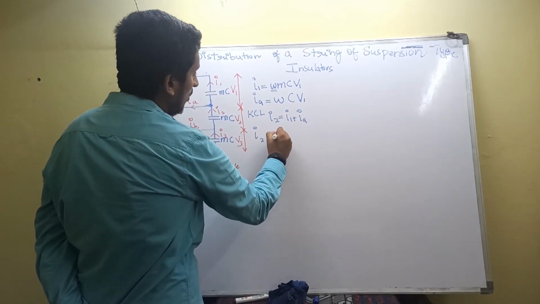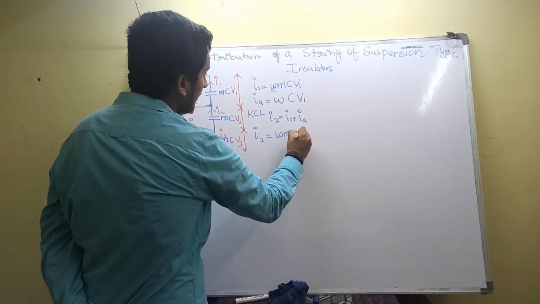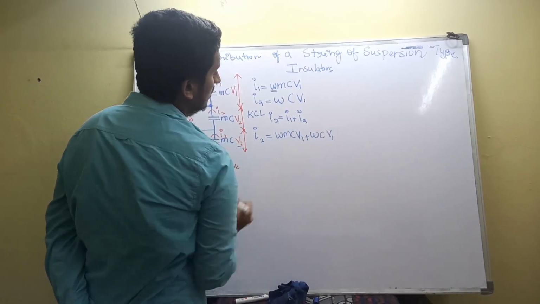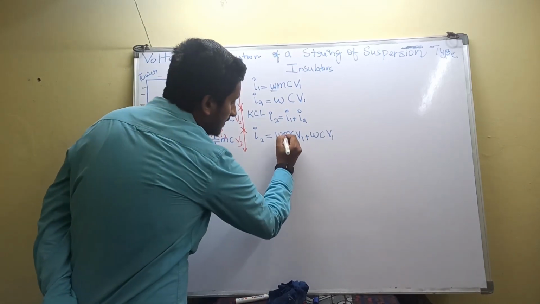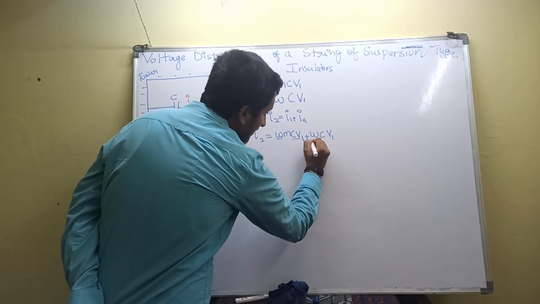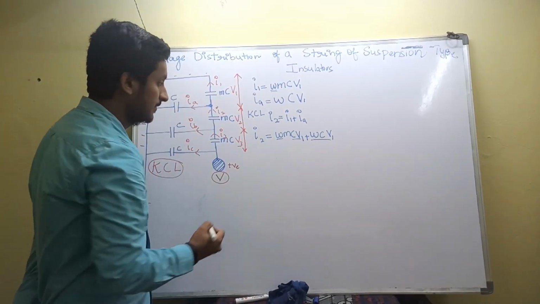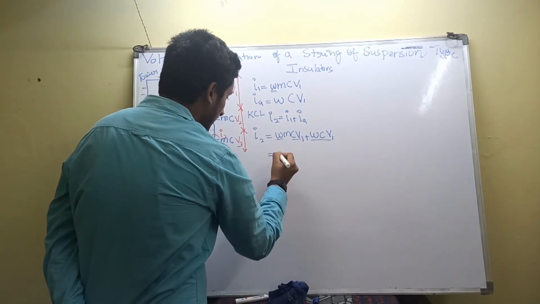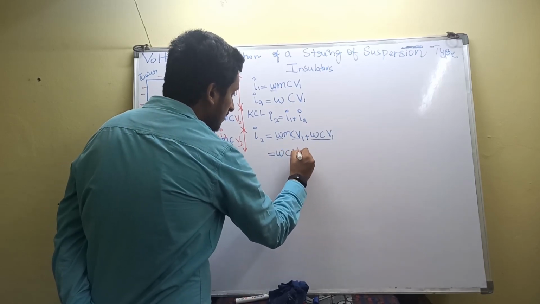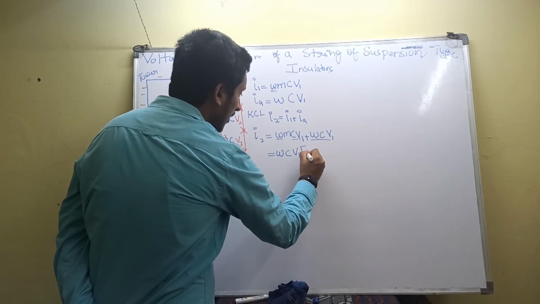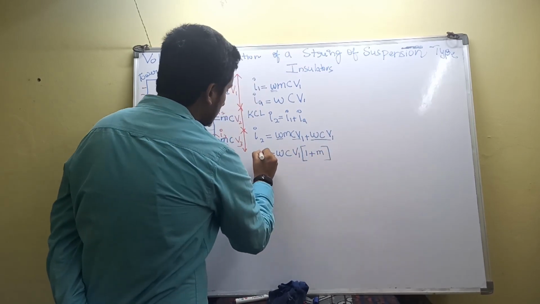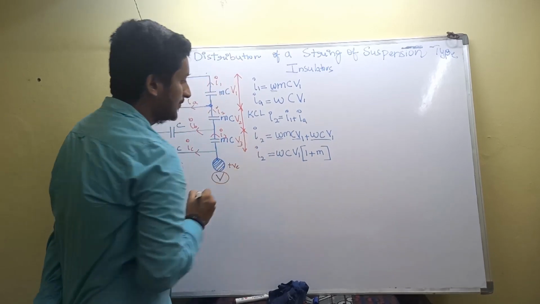I2 is equal to omega MC V1 plus omega C V1. Now you can see that omega C V1 is common in both the parts. So I can take common omega C V1, and I will be having 1 plus m. So that is equal to I2.